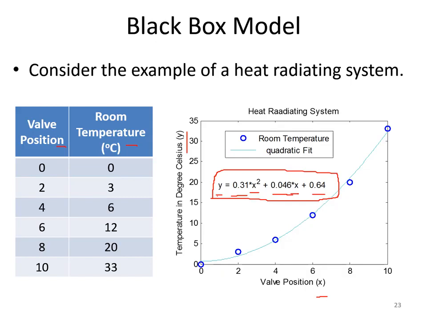So note that in case of a black box model, the only thing we care about is the relationship between the input and the output, and it doesn't tell us anything about the internal dynamics or the internal characteristics of the system.